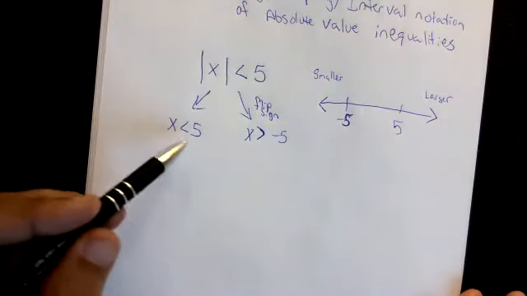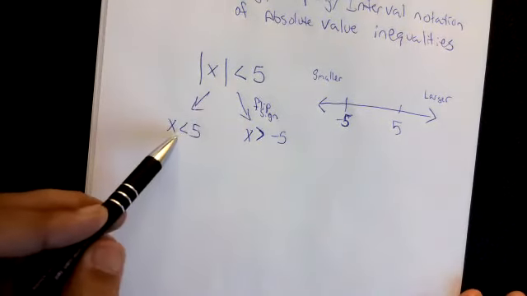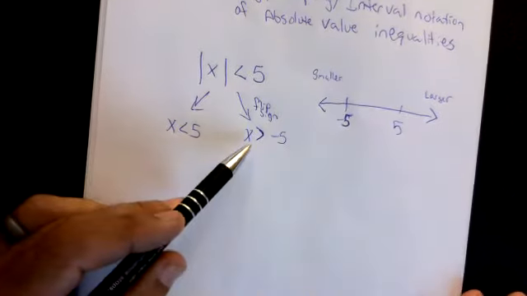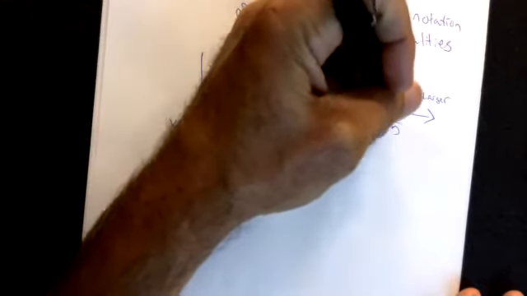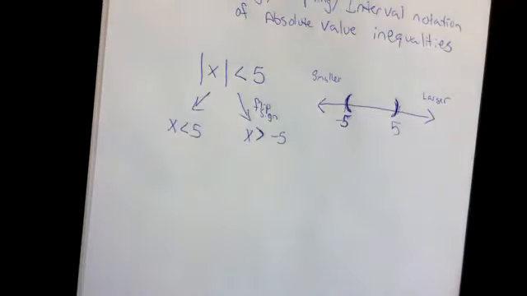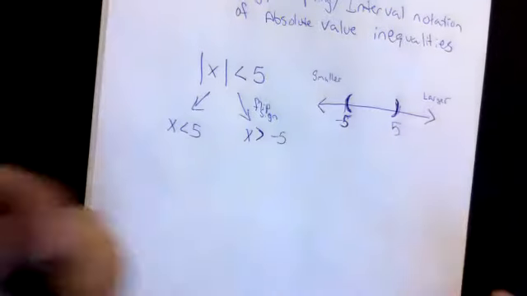Next, open dots or parentheses, because these are not included. So less than and greater than. We do not want to include these numbers. And then you're going to shade. Absolute values will either shade in opposite directions or shade together.